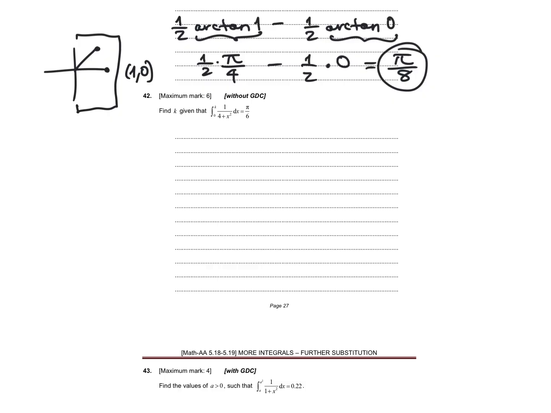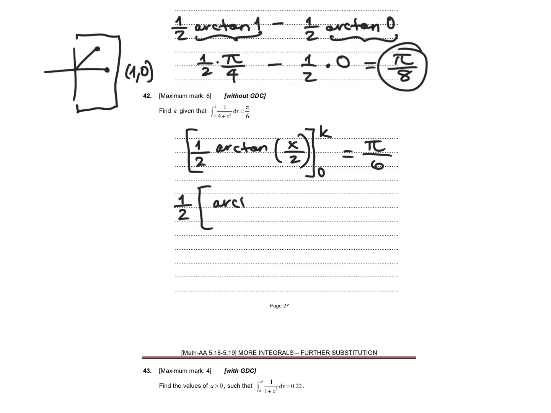All right, so for this one, we integrate. This is arctan, so we're going to have 1 over 2 arctan x over 2, and we are evaluating that from 0 to k, and that's going to be equal to pi over 6. So I'm actually going to factor out the 1/2.